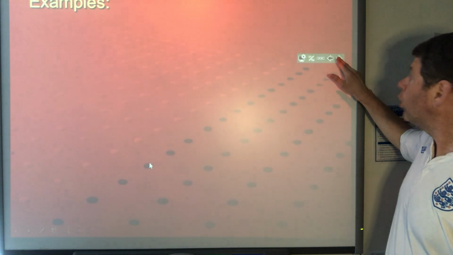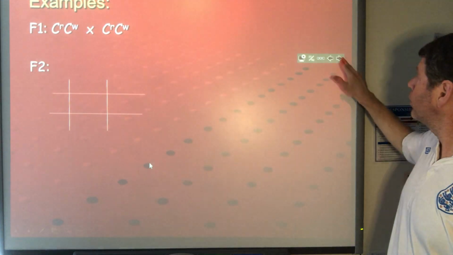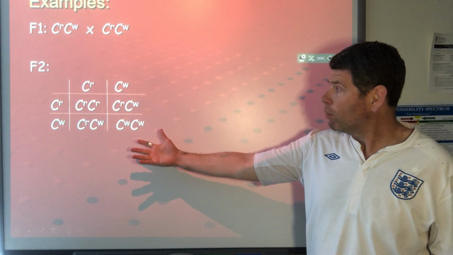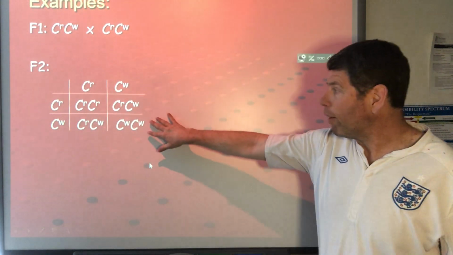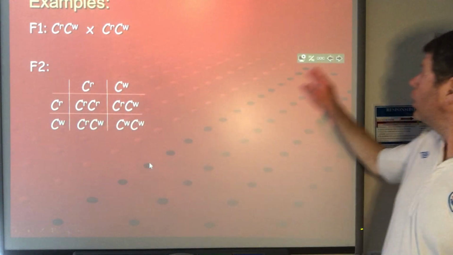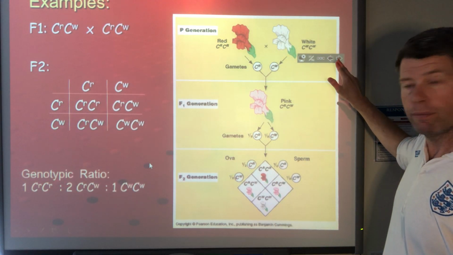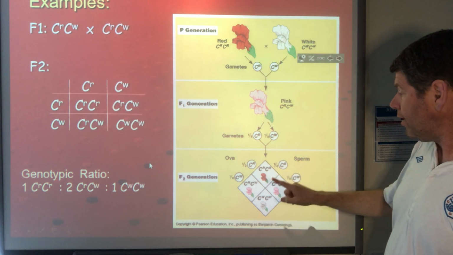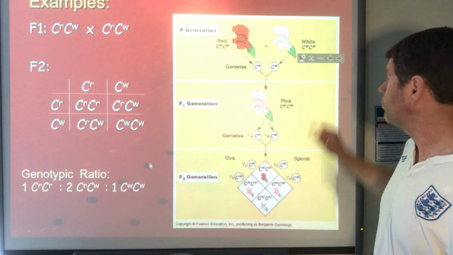But what if we were to do a cross of those pink flowers? This is the Punnett square that we would set up with our two pink parents. Then we fill in our Punnett square, and we notice that we do get all three different possible phenotypes: one red snapdragon, two pink snapdragons, and one white.